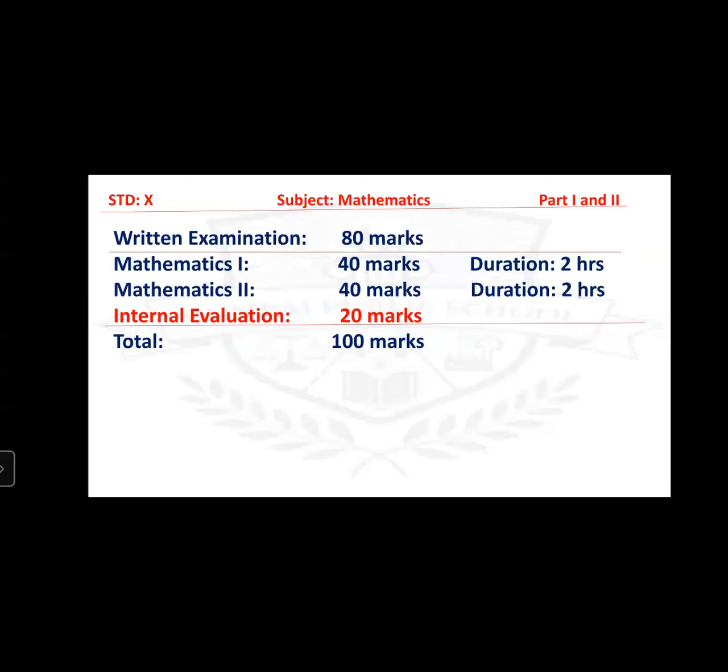Now the second part, internal evaluation. Internal evaluation is again divided into two parts, assignment and practical. Assignment is of 10 marks and practical is of 10 marks. Assignment is divided into part 1 of 5 marks and part 2 of 5 marks.